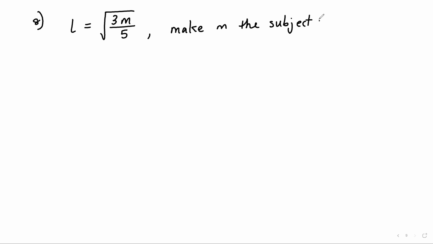Remember that you have to undo each operation, right? Bit by bit. So if you're making m the subject, think about this as the square root of 3 times m divided by 5. So the first thing you're undoing, square root, then division, then multiplication. Anyway, try it for me. Send me a picture when you're done. I'm waiting. If you're very confused, don't worry. I'm going to go through it afterwards.